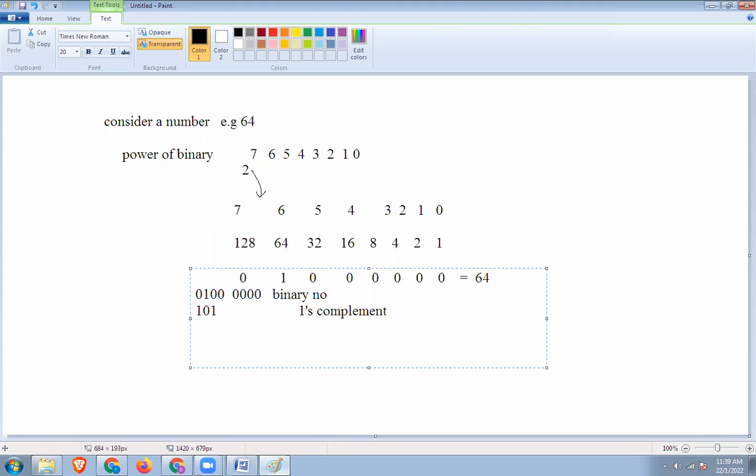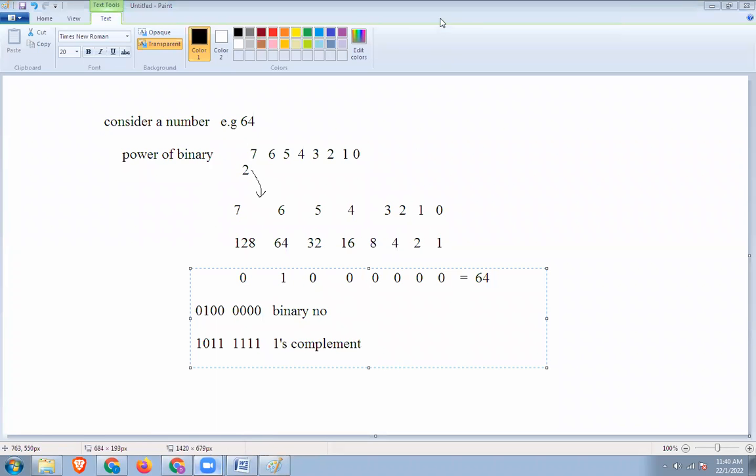The 4th bit is 0, that is replaced as 1. Similarly the 5th bit which is present as 0 is replaced as 1. 1 1 1. This is the way of conversion of binary into equivalent ones complement form. Getting everyone? I hope you got the idea. So this is how my binary to ones complement conversion will be here.